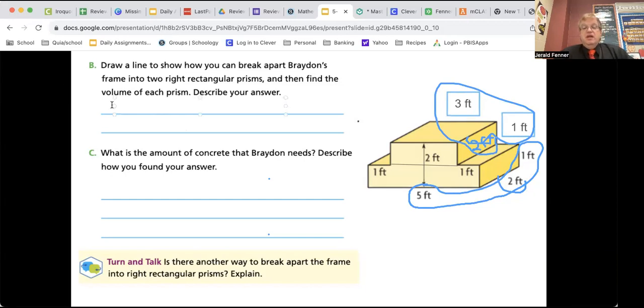So the first one would be 5 feet times 2 feet times 1 foot, which equals 10 cubic feet.